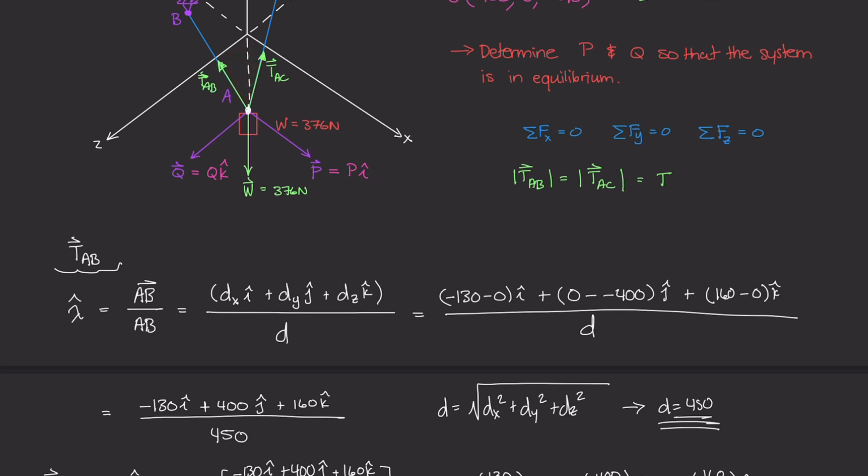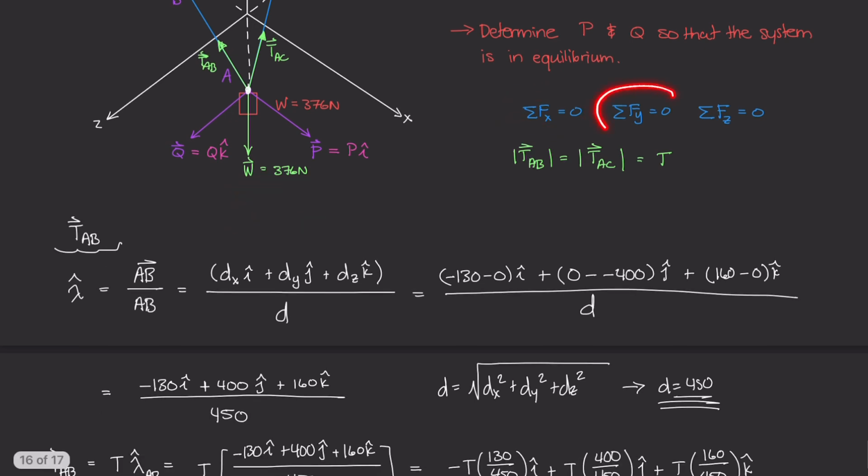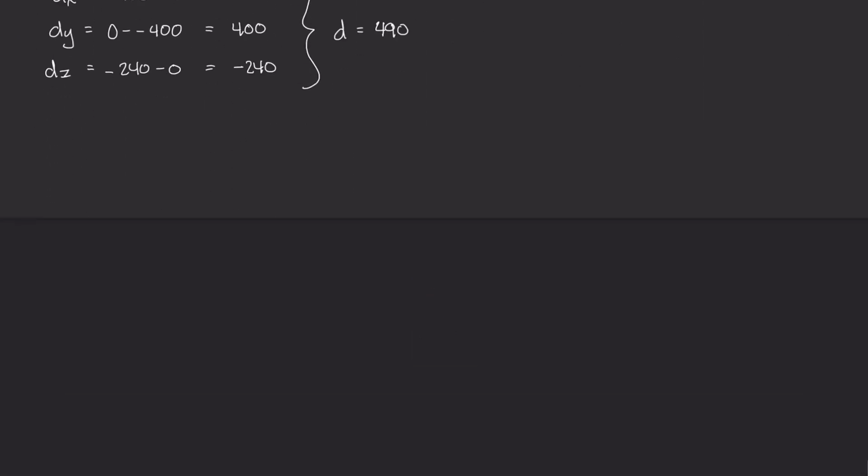Now that's good because we also have one exact force going in the y direction in the opposite sense. It's this weight value. So instead of starting with x first, I'm actually going to start with the y direction, and you'll see why in a second here.